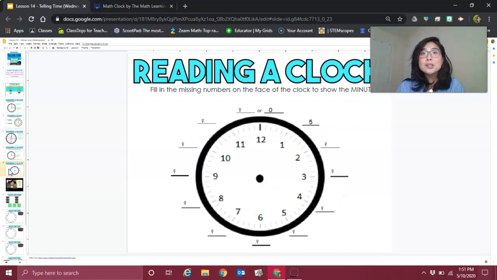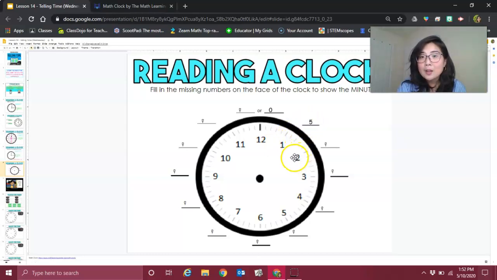So let's go ahead and fill in the missing numbers on the face of the clock to show the minutes. So for example, if I start at 12, we could say that that is 0. And we're also going to find out the other way we can label 12. But say we start at 0. We go 1, 2, 3, 4, 5. That's 5 minutes.